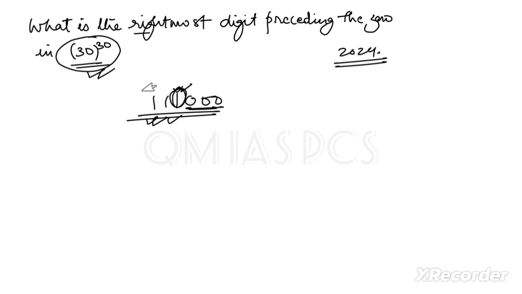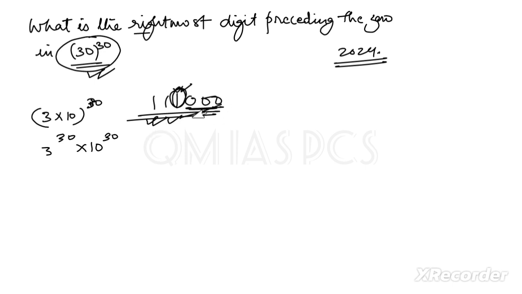Now you are thinking it's a very difficult question. How can you solve this? But I can tell you this is a very easy question. Look at this, 30 power 30. Can you write it as 3 power 30 and 10 power 30?